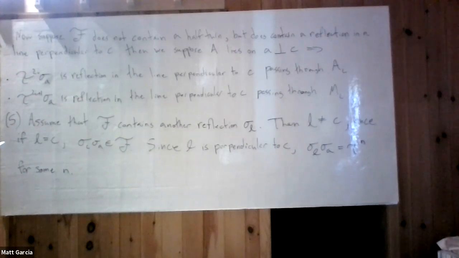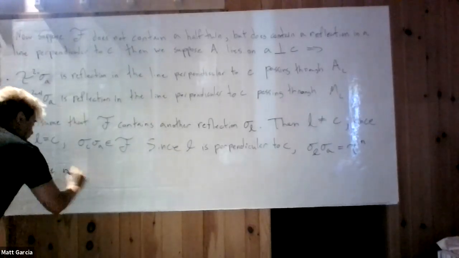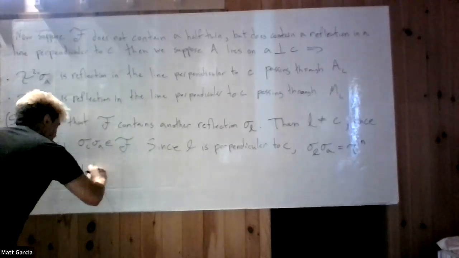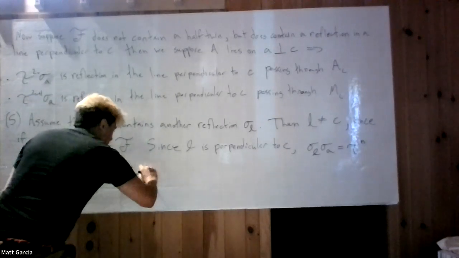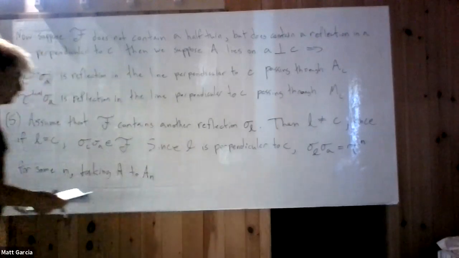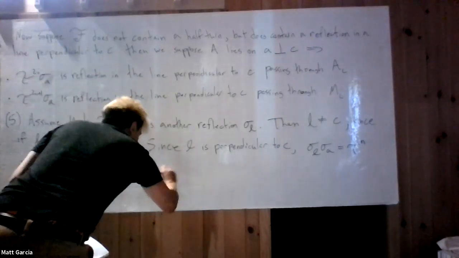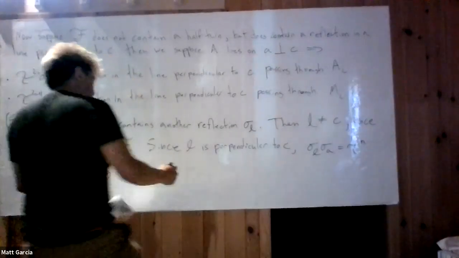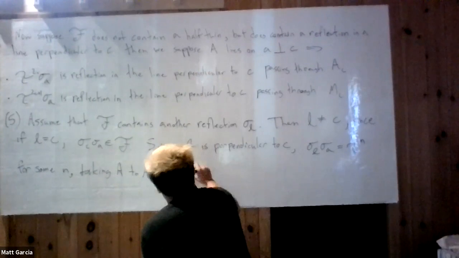So what does this tell us? Of course, for some n, taking A to A sub n. Okay, so that is to say, we'll make a similar computation to one that we've made several times before.